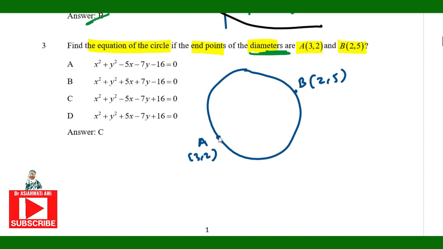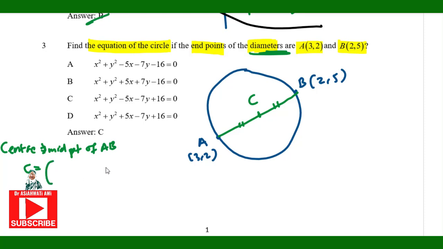Because this diameter joins these points, the center is the midpoint of AB. So C is equal to the midpoint of AB.